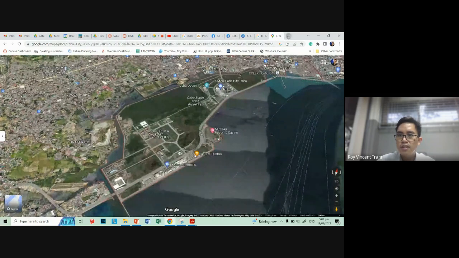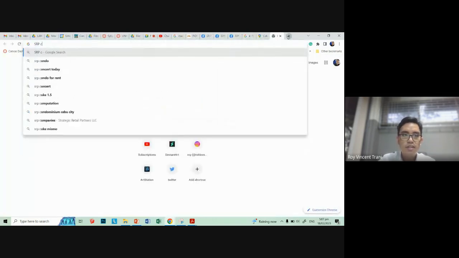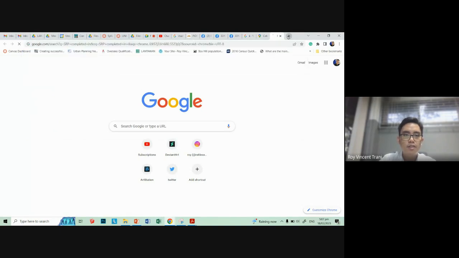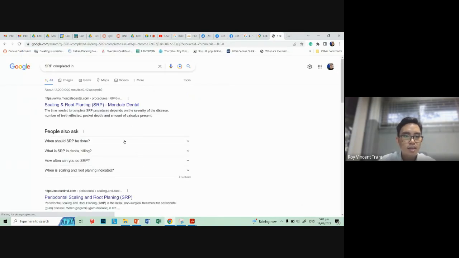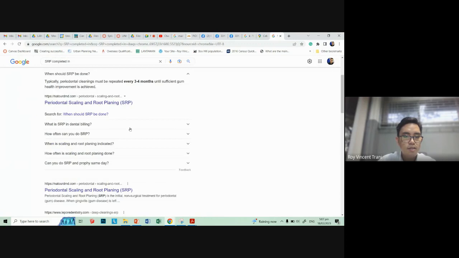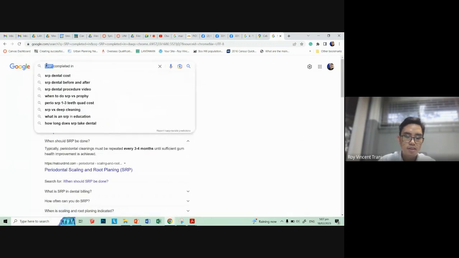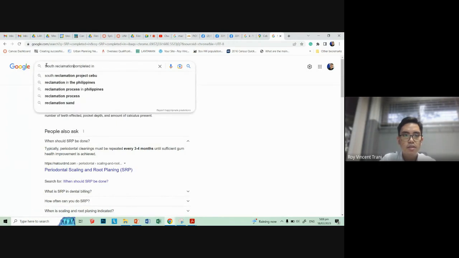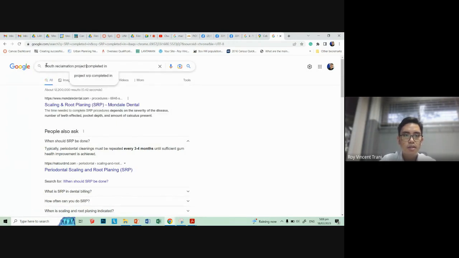This was constructed, SRP completed in, I forgot, early 2010s. South Road, South Reclamation Project. Completion date. Under Manini Osmeña.